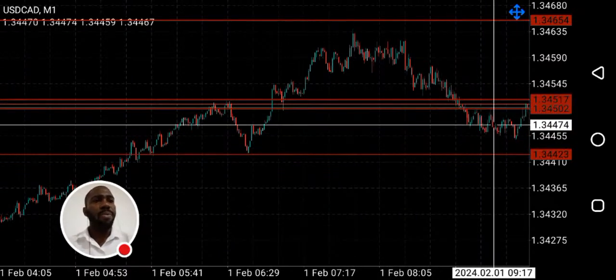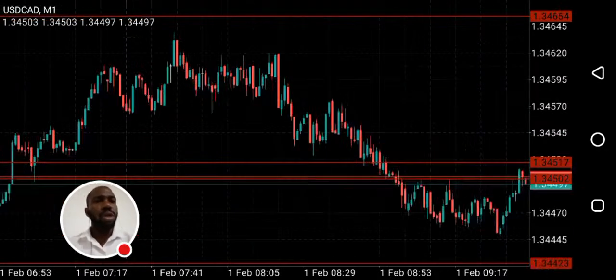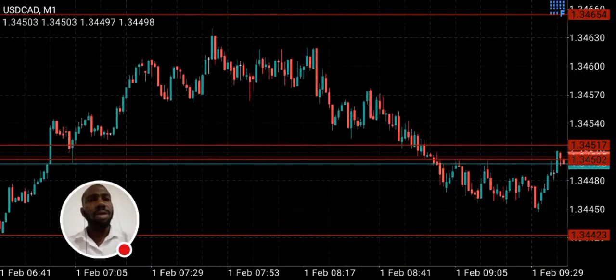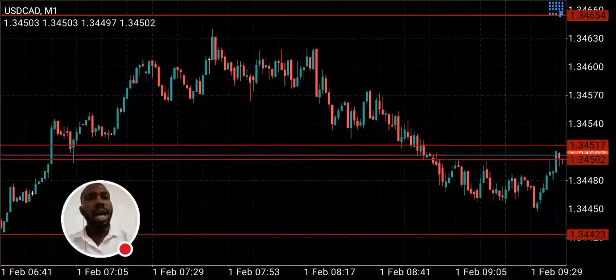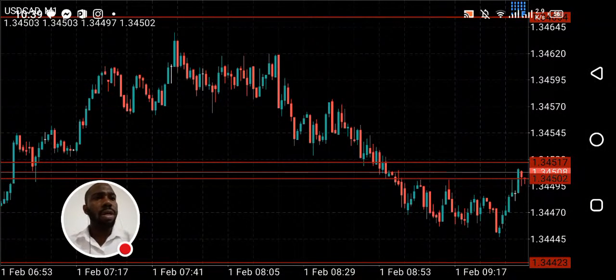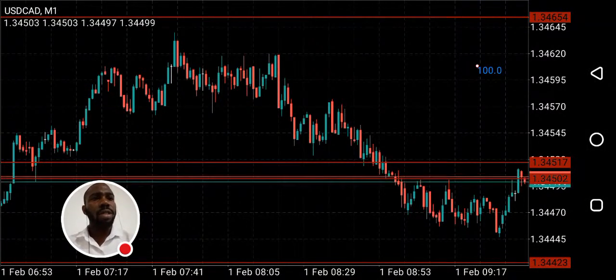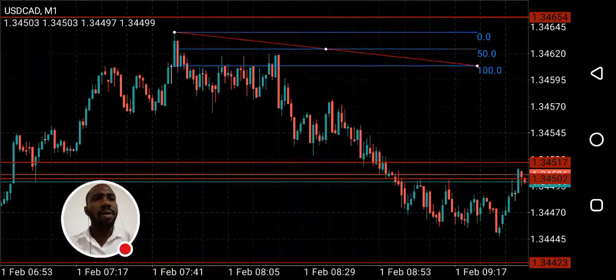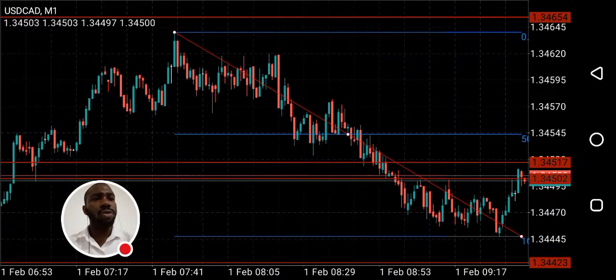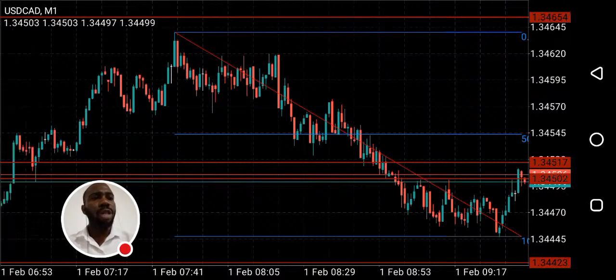So wait for price to pull back to, just apply a Fibonacci from this swing high. You can take it from this high, this swing high, this swing low. So wait for price to pull back to premium. Premium is above level 50.